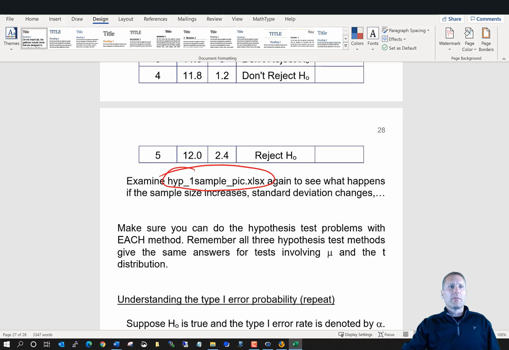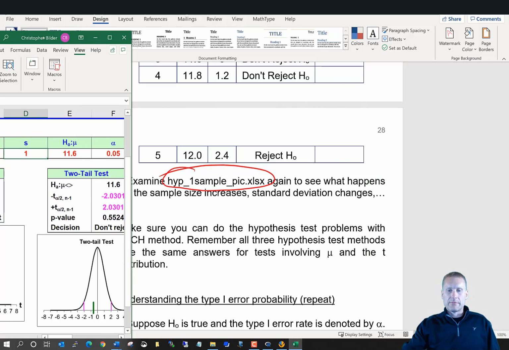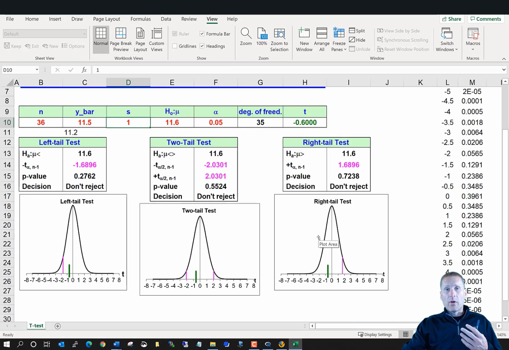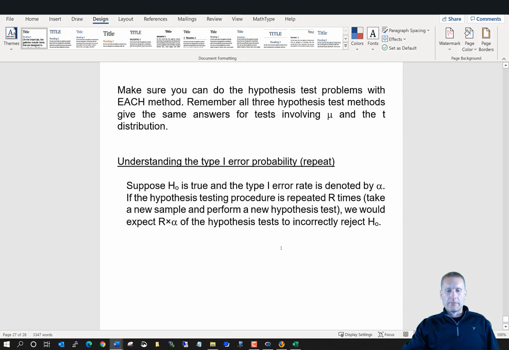I want you to use this Excel file and take a look at the p-value every time that you change one of these numerical values in red here. Look at the p-value, see how that affects things. Again, that's so that you get a better understanding of what hypothesis testing is doing.